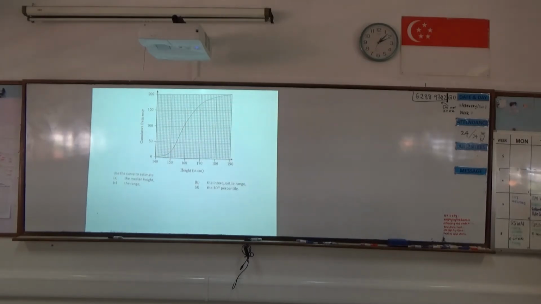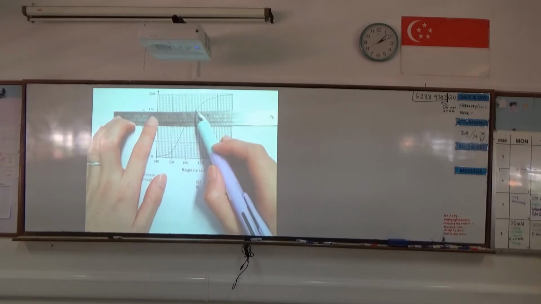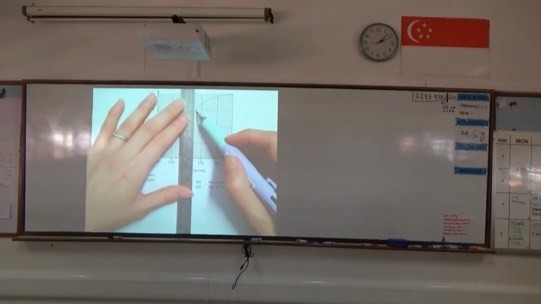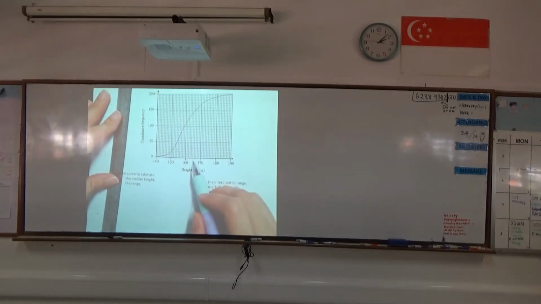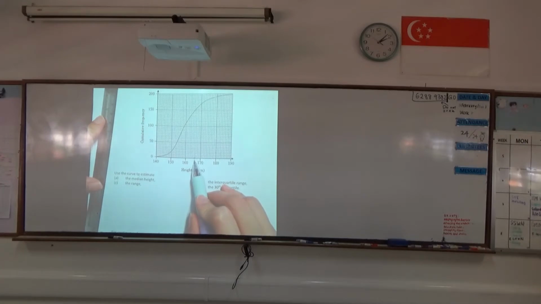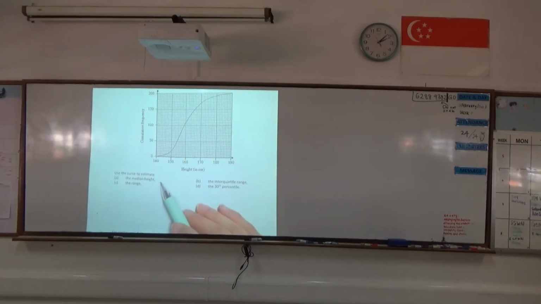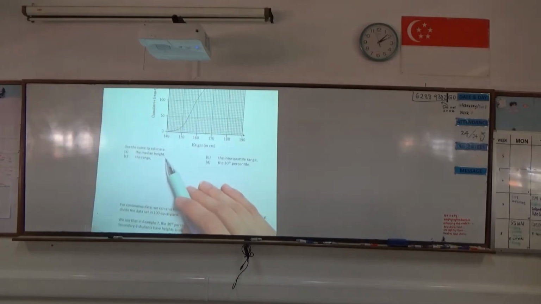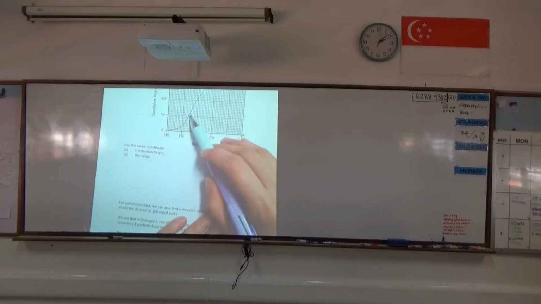For instance, there are 150 students that have a height lesser than or equals to 166 cm. That is how we read a cumulative frequency curve. We can only estimate because every point that we read from here is mostly estimated. We are unable to tell the exact data.